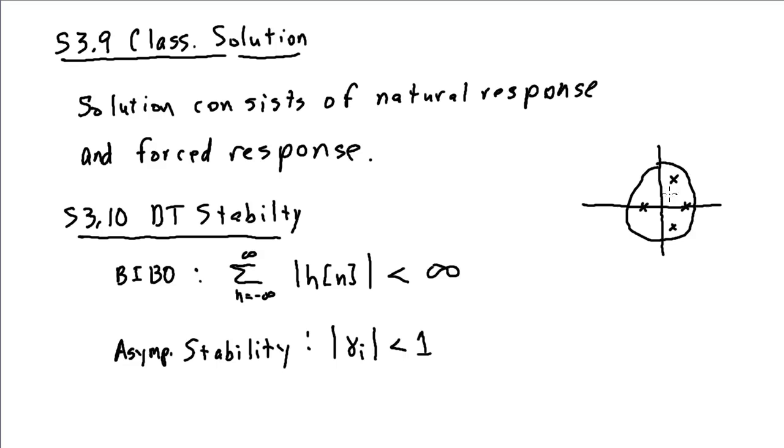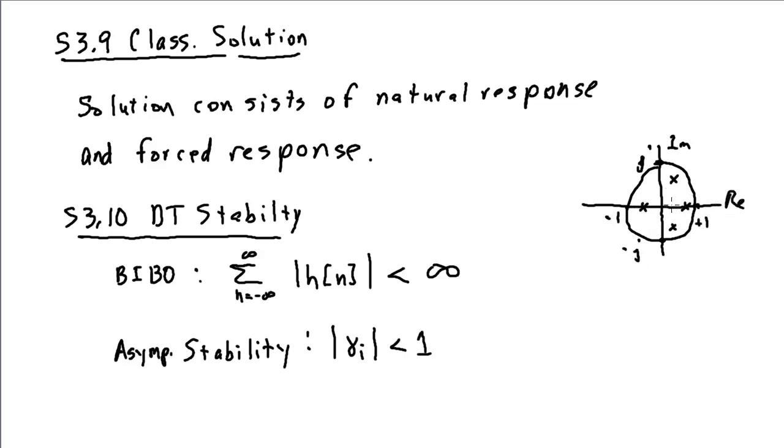But if I draw the unit circle here, that's the circle with a radius of 1, so it'd be 1j on this imaginary axis. A point on the unit circle would be j. Another point on the unit circle would be minus j. Plus 1 and minus 1 are also points on the unit circle. This is the real axis.